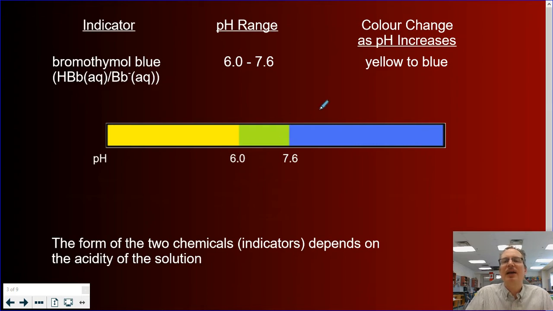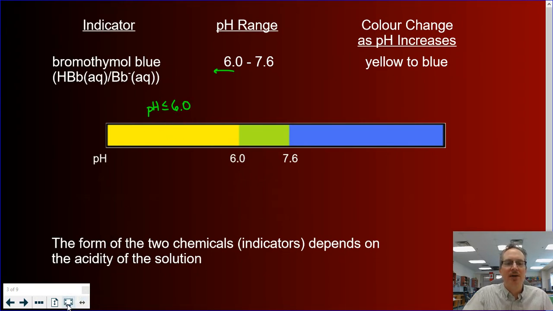So how do I write out these pHs? Well, when I have a pH of 6.0 or less, so we're going this way, it's going to be yellow. So I write it like this. When I have a pH of less than or equal to 6.0, that's when it's going to be yellow.